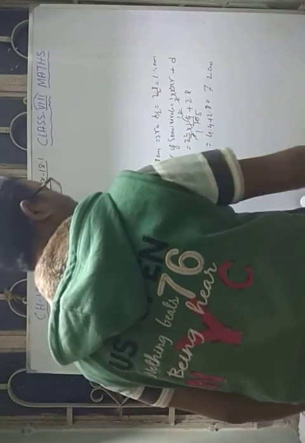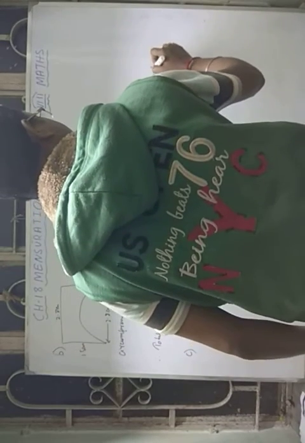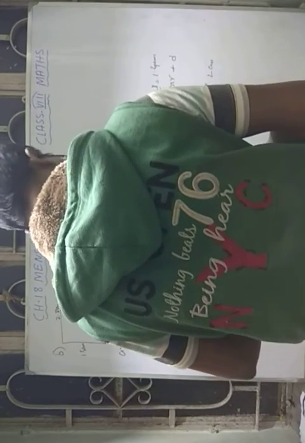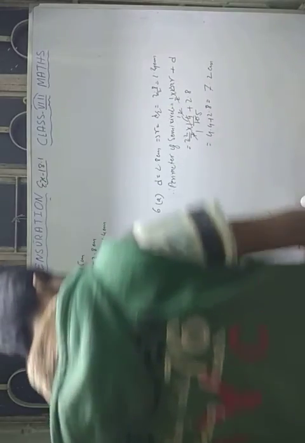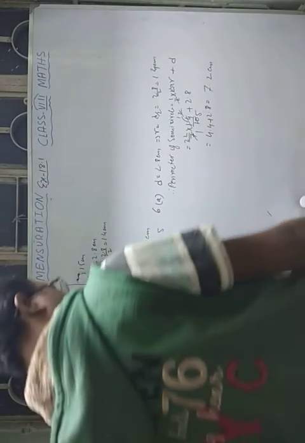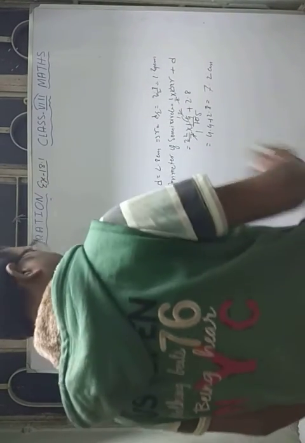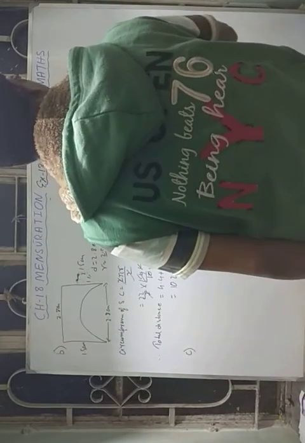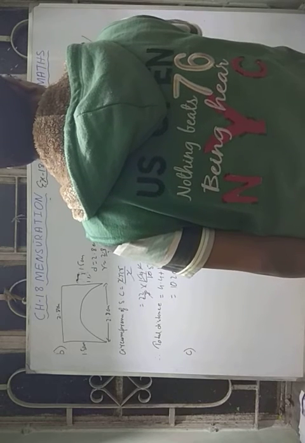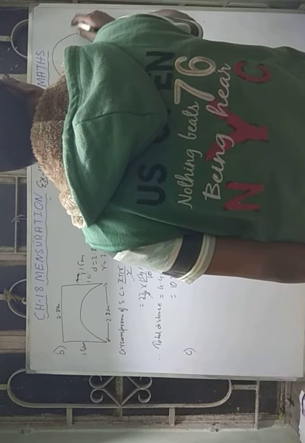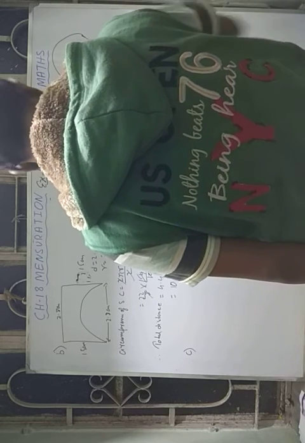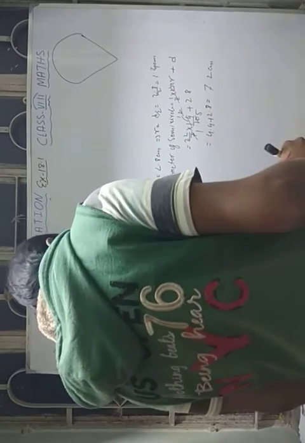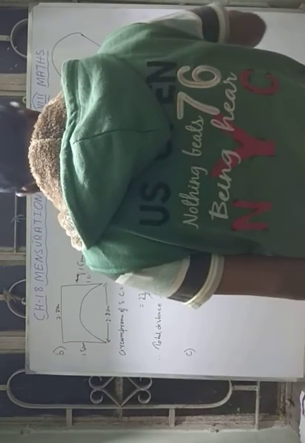I'm not rubbing this question because this is the first part of question number 6, so I'm not going to rub that. The next question, the figure is like that. Here the radius is given 2.8 centimeter.